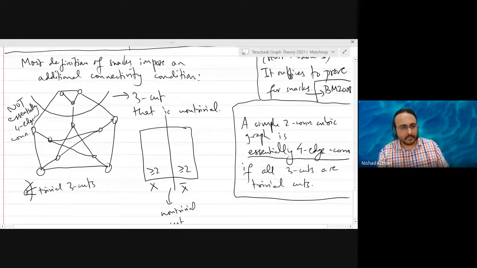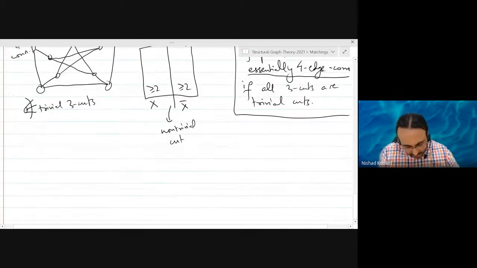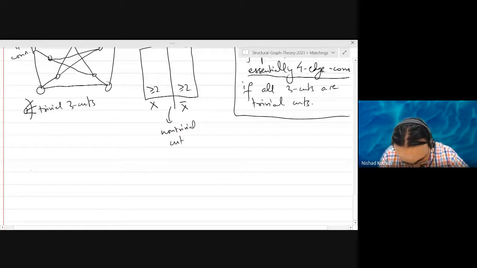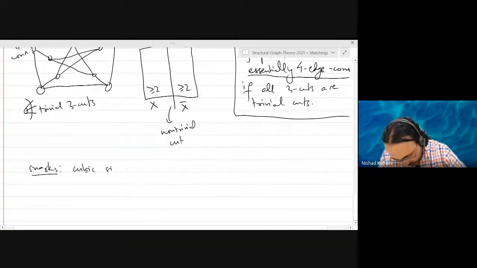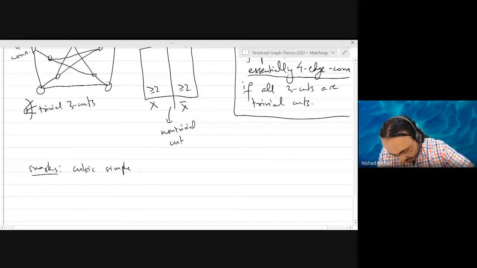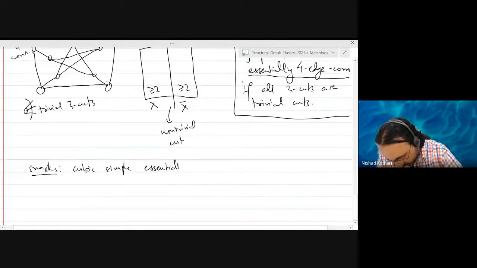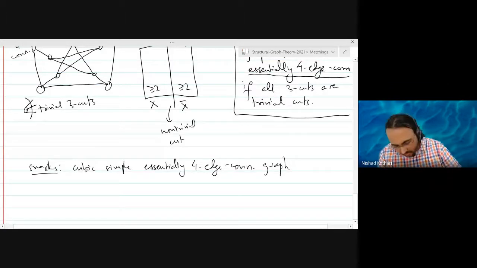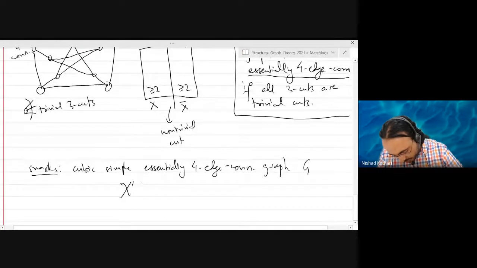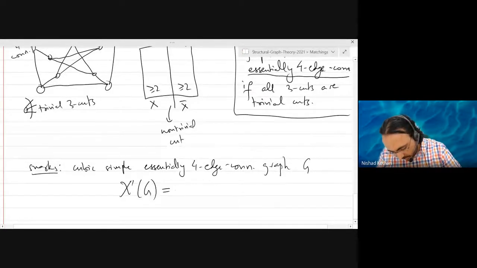Okay? So the standard definition of snarks these days, just to be very precise, is a cubic graph that is simple and essentially 4-edge connected, such that the edge chromatic number is exactly equal to 4.